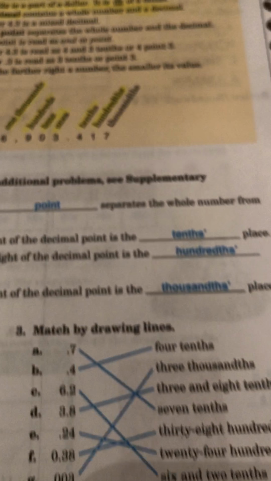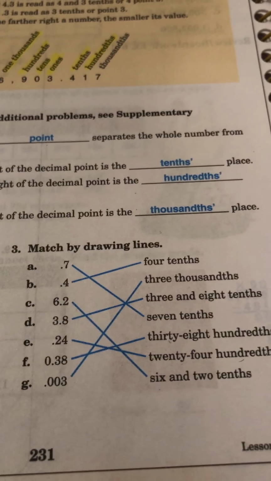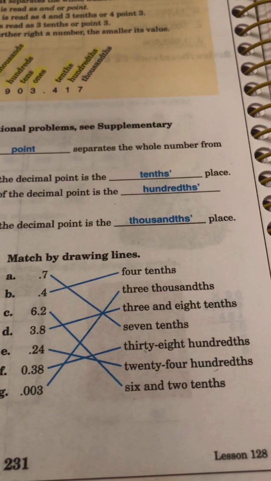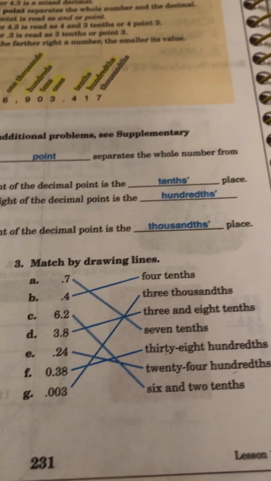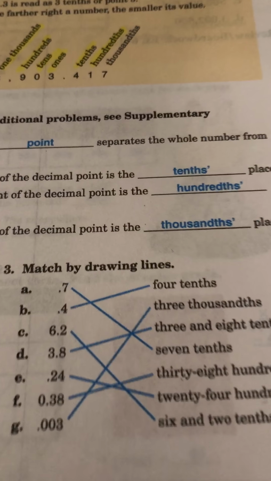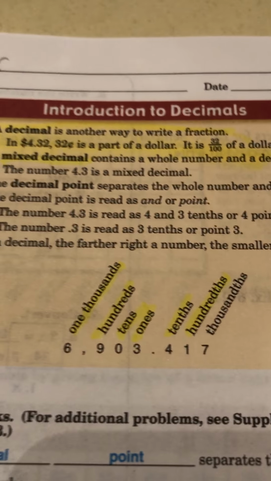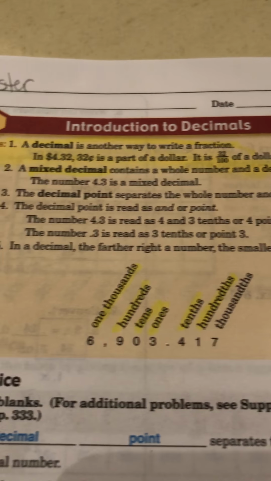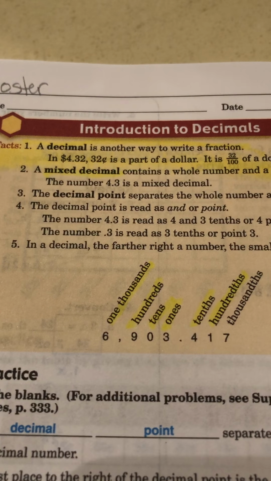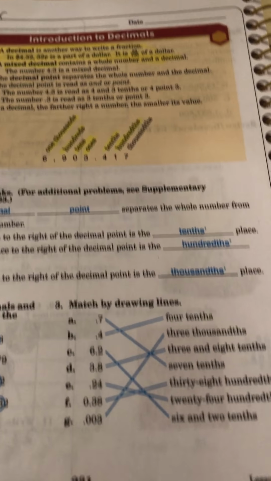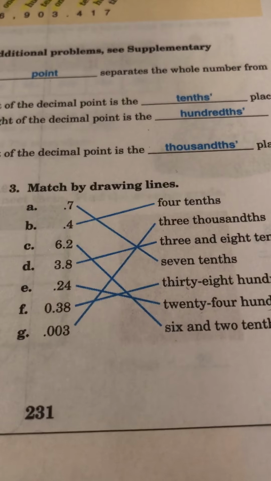Okay, now we are at 3.8, which again, you've got that mixed decimal. A mixed decimal contains a whole number and a decimal. The number 4.3 is a mixed decimal. See that under number 2? We highlighted it.